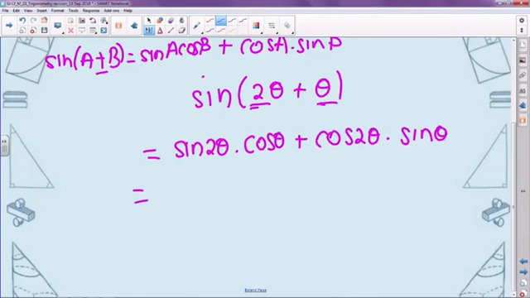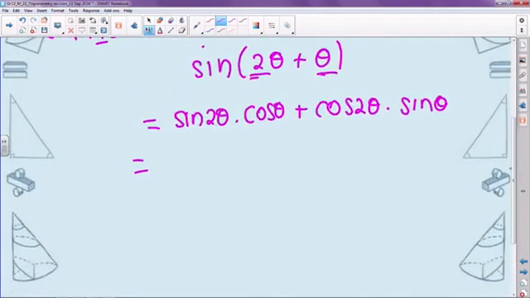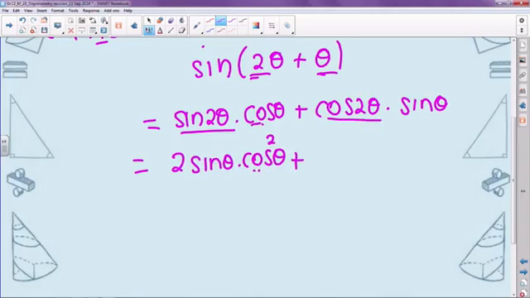Okay, the expansion here is a little bit long. It's not that tricky, but it is quite long, so it's easy to make mistakes. Sine of 2 theta, the double angle expansion, is going to be 2 sine theta times cos theta, so I rewrite that. This cos theta times the cos theta that's already there, I'm doing it in one step, is going to become cos squared theta. Cos of 2 theta, remember you're dealing with a double angle expansion.